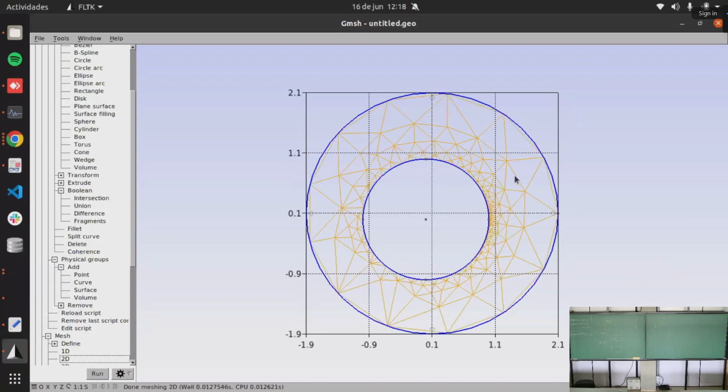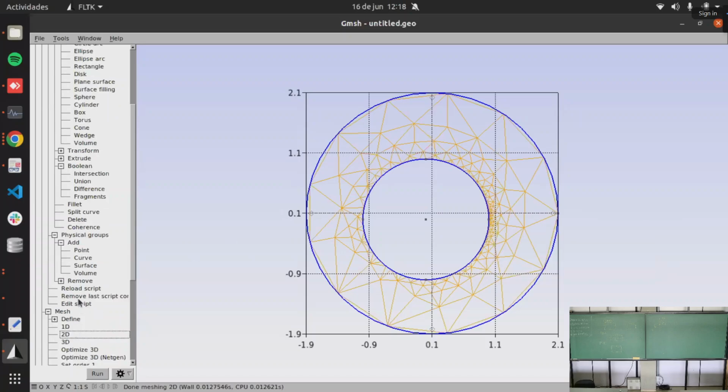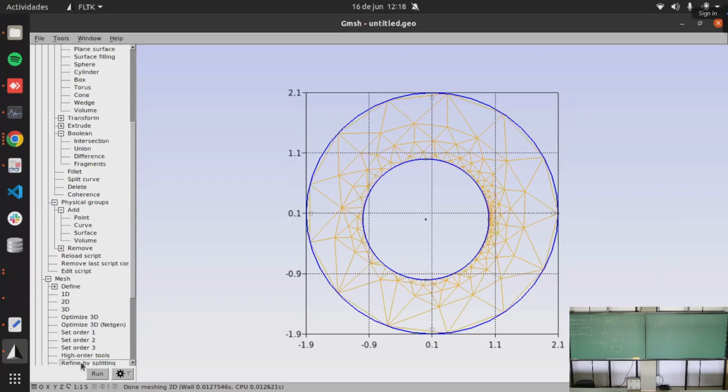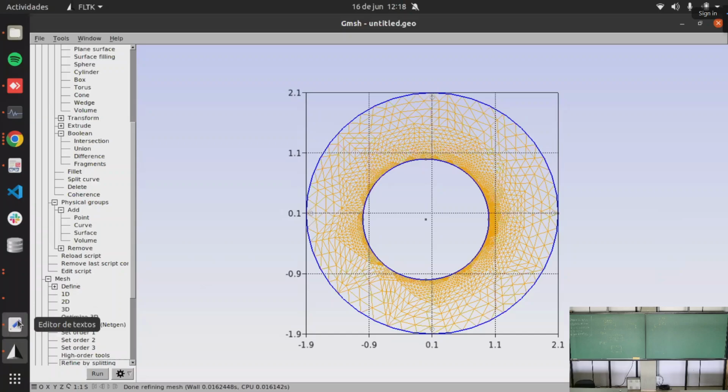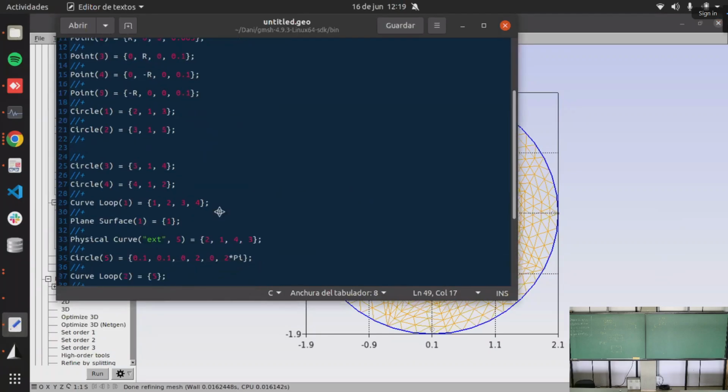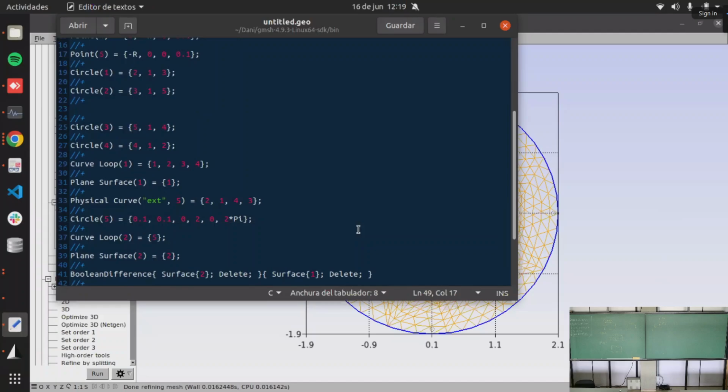So this is my mesh. Remember that we had a refinement point here, so the mesh will be refined over there. And that's all.